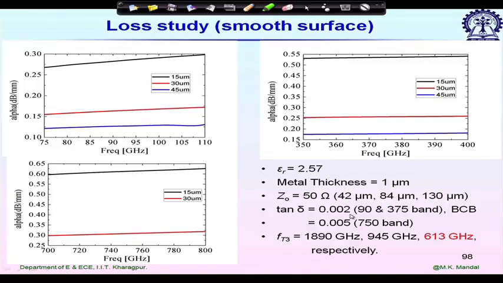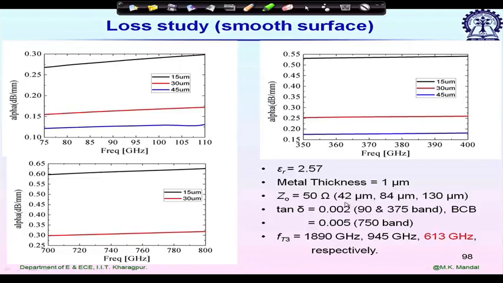It's high but not that bad, and 0.005 for 700 gigahertz to almost 1 terahertz. The corresponding epsilon r is 2.57, and it remains approximately constant over 100 gigahertz to 1 terahertz. The typical metal thickness we are considering for all three cases is 1 micrometer.